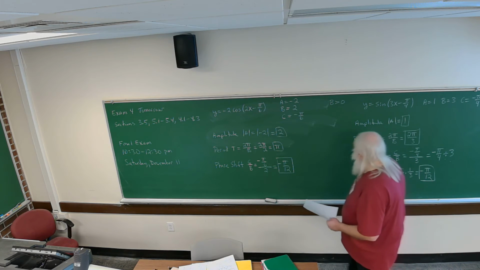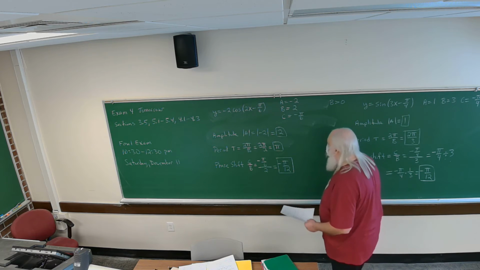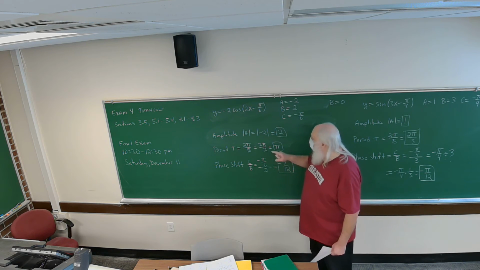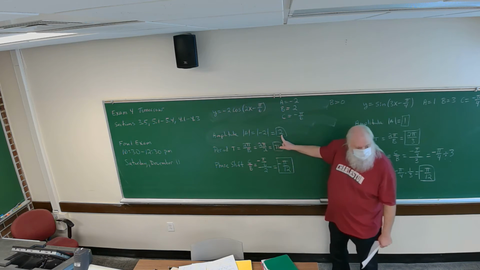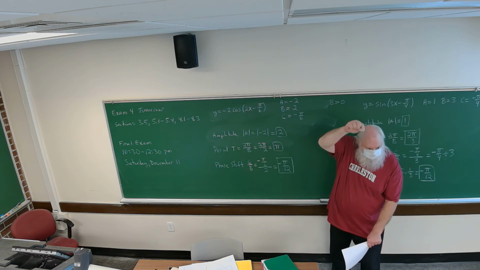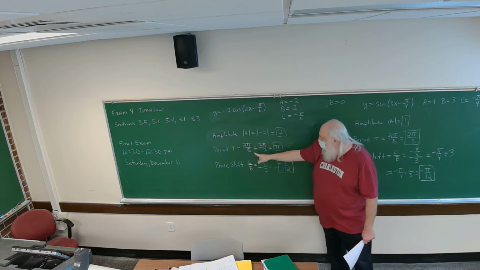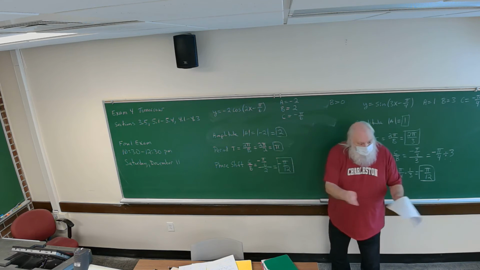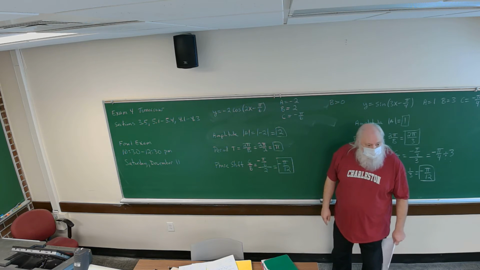And then lastly, did you say stretched vertically and compressed horizontally? So it is, yes. So the amplitude is greater than 1, so it's stretched vertically. The value of B is 2, so it's compressed horizontally. Yeah, so that makes a big difference, right?